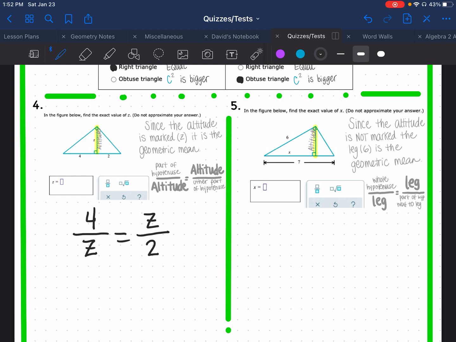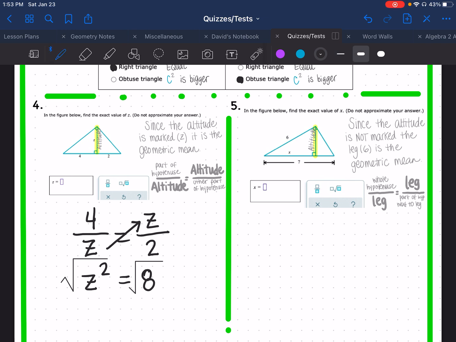We are going to go ahead and cross multiply. Z times Z is Z squared. 4 times 2 is 8. Just like in the Pythagorean theorem, we're going to take the square root of each side.